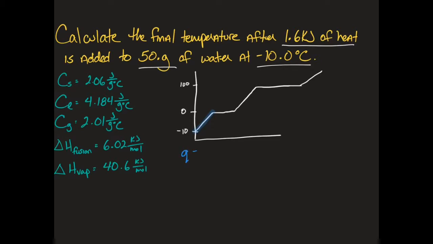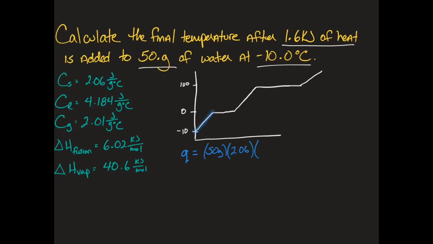So the heat needed to get us up that segment for 50 grams of water. Now, water in this segment, right, we're below the melting point temperature, so this is solid water. So that means I need to use the specific heat for the solid water, just 2.06. I'm going to leave the units off to save a little bit of space.